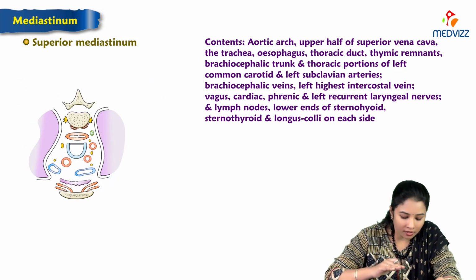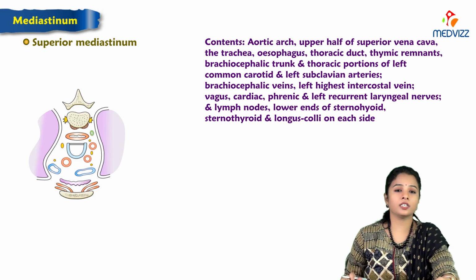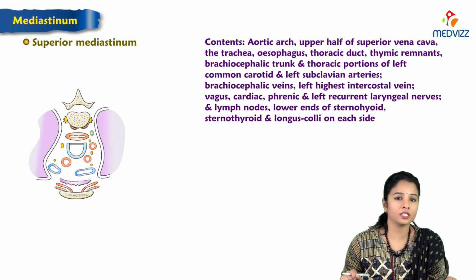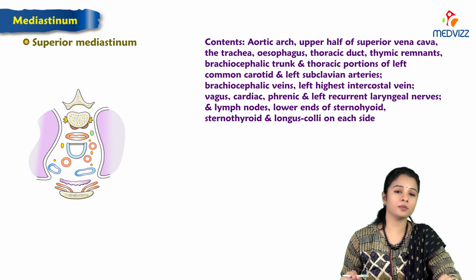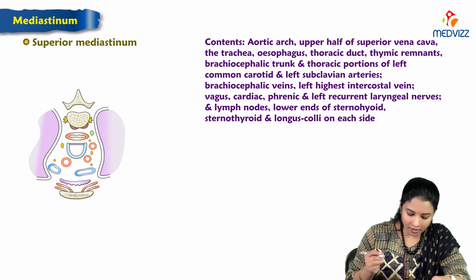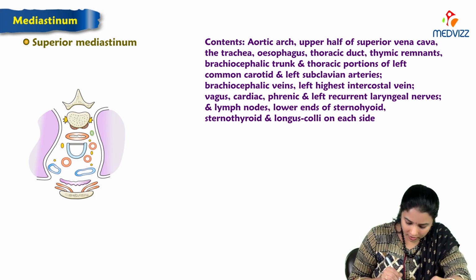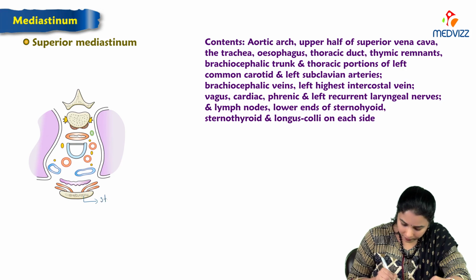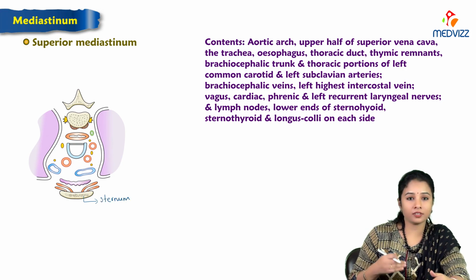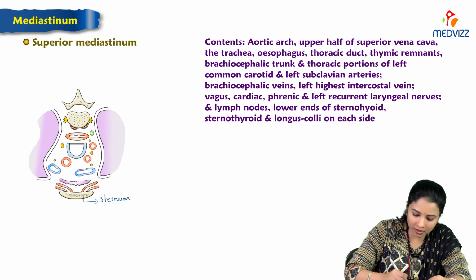So here is the transverse section, the cross section which is taken at the level of superior mediastinum, and here we can appreciate the structures. This is sternum. So here is the anterior part because sternum is present.